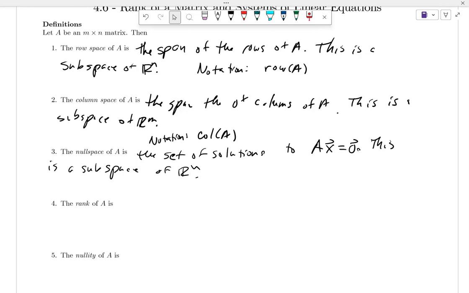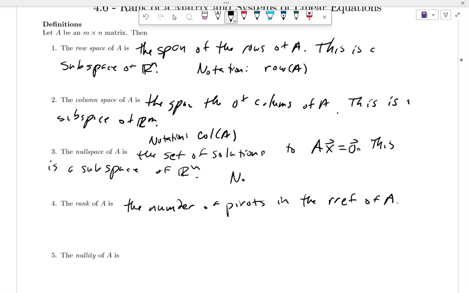So when we talk about the rank of a matrix, that's exactly what we're looking for, those pivots, okay? The rank of a matrix is the number of pivots in the reduced row echelon form of A. Oh, I forgot to give a notation for null space. I'll write it down here in a second. So when you row reduce and get those pivots, if you count the number of pivots, that's going to give you the rank of the matrix.